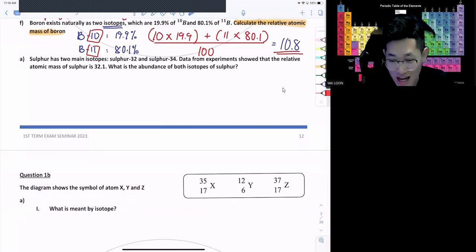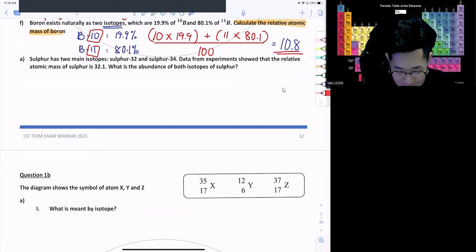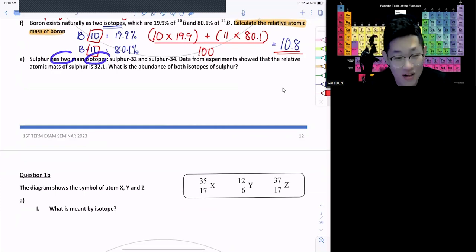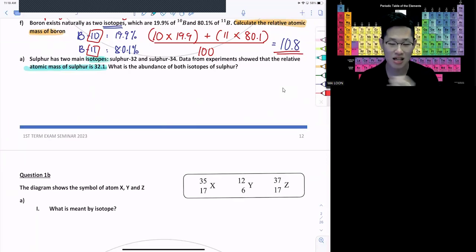Sulfur has two main isotopes. Okay, so two isotopes: sulfur 32, sulfur 34. Data from the experiment shows that the relative atomic mass is 32.1. So you see, they give you isotopes.